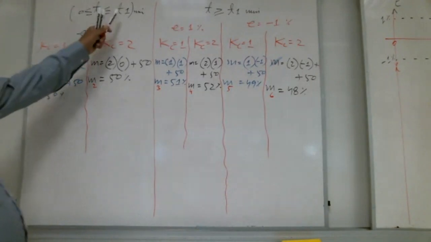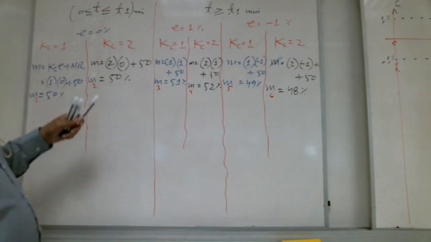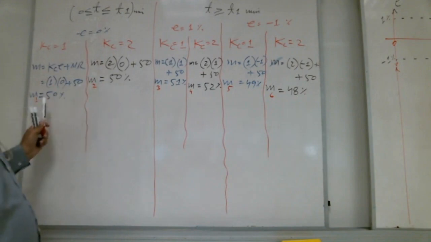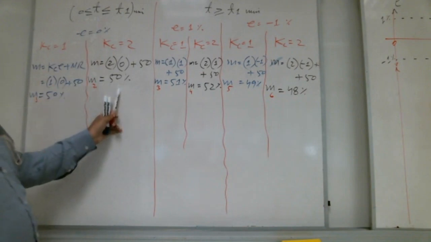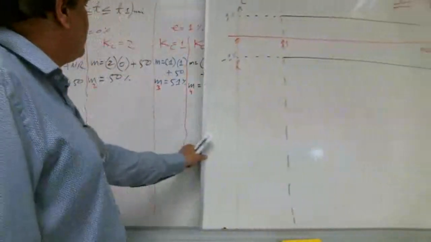From 0 to T1, how much is the output? Both outputs are the same, 50%, 50%. Right, Shabab? Same. So we bring it here.